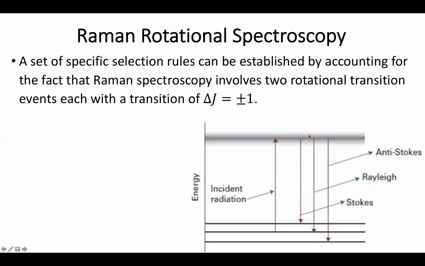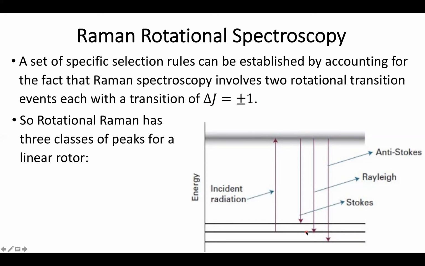When I then emit the subsequent photon, the same rules apply. So I could have a plus one, minus one, which would then bring me back to the same place. What we're going to find is three classes of peaks depending on how these two rotational transitions couple.